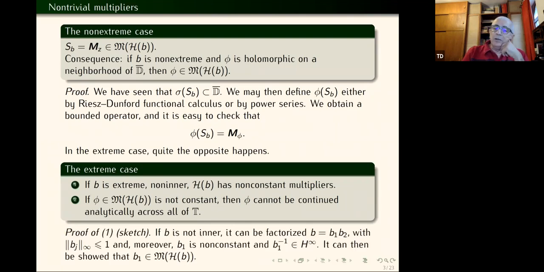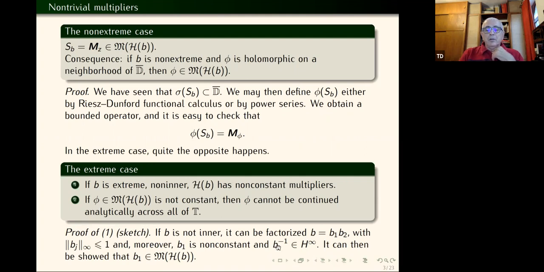And the construction is the following. We take the B that is not inner, and then it can be factorized by taking an outer function that's non-constant, still contractive, and with bounded inverse.